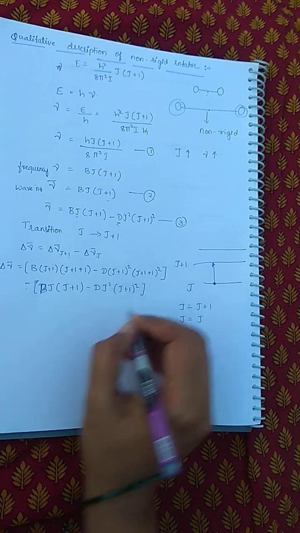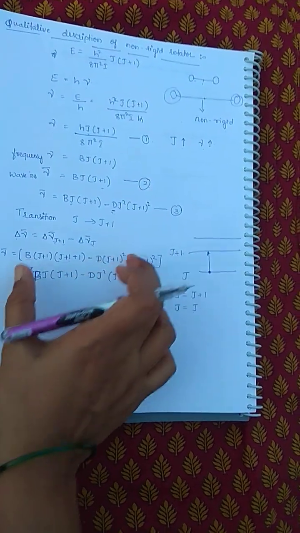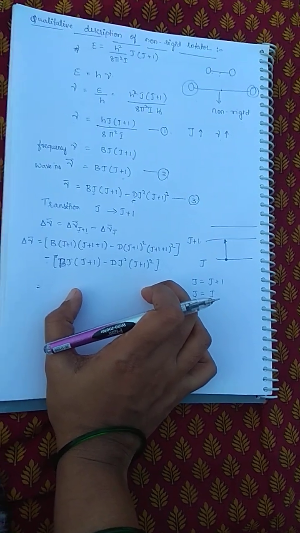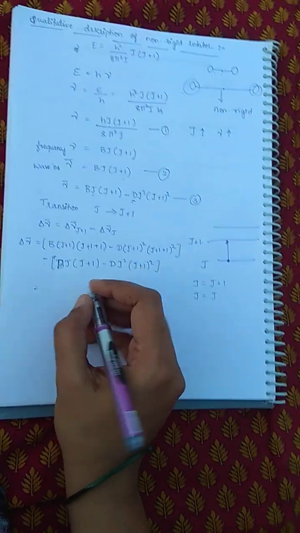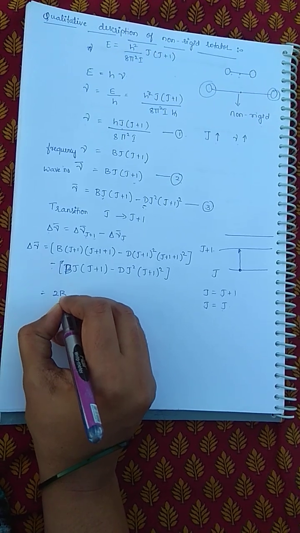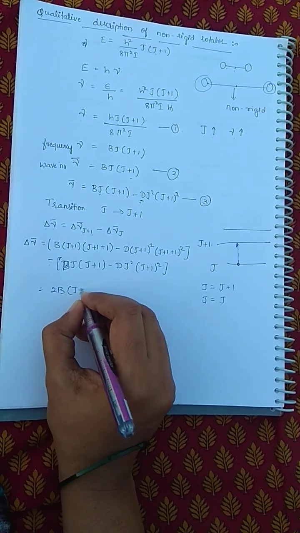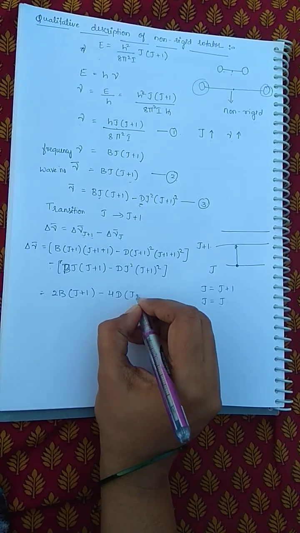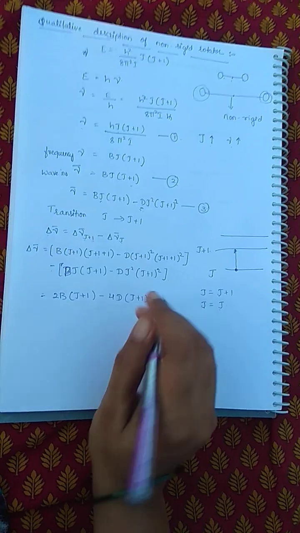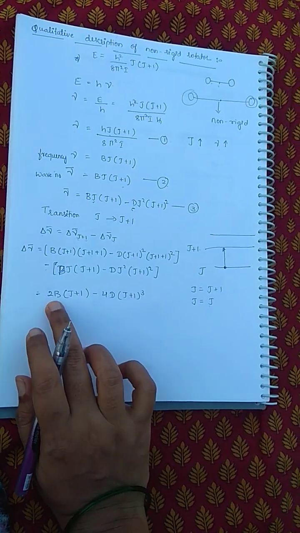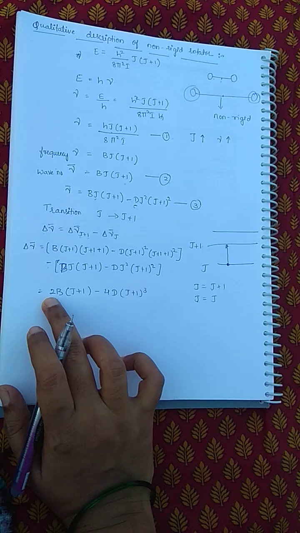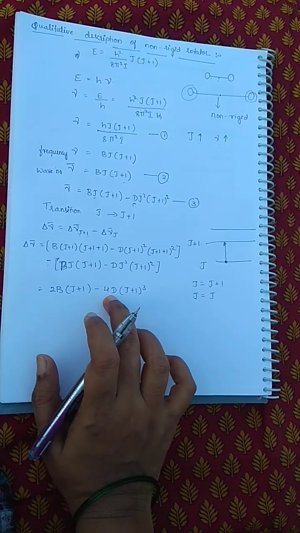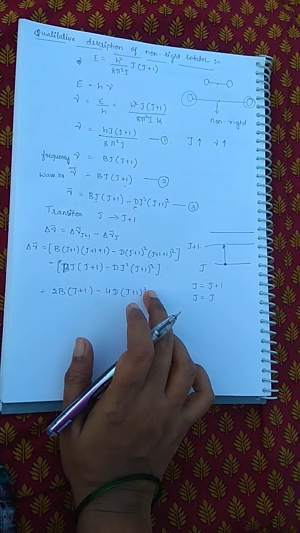So bracket close. After simplification, this is a big lengthy term, and we don't need all of it. After simplification, we get 2B into J plus 1 minus 4D into J plus 1 whole cube.